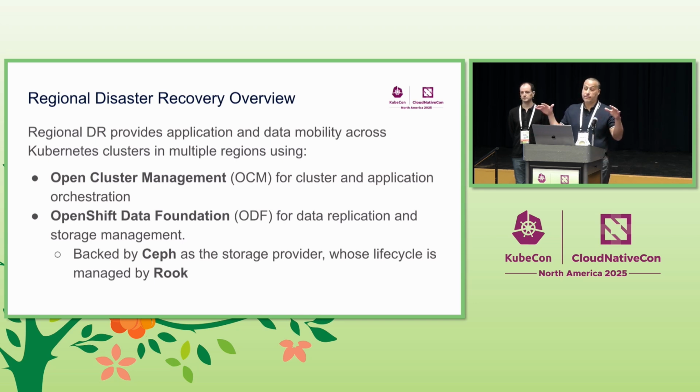When you have, for example, 3 availability zones, if one availability zone goes down, you still have the other 2 where you can access your application. But we'll focus on the regional DR. With regional DR, we have Open Cluster Management, which deals with the application life cycle and cluster management.